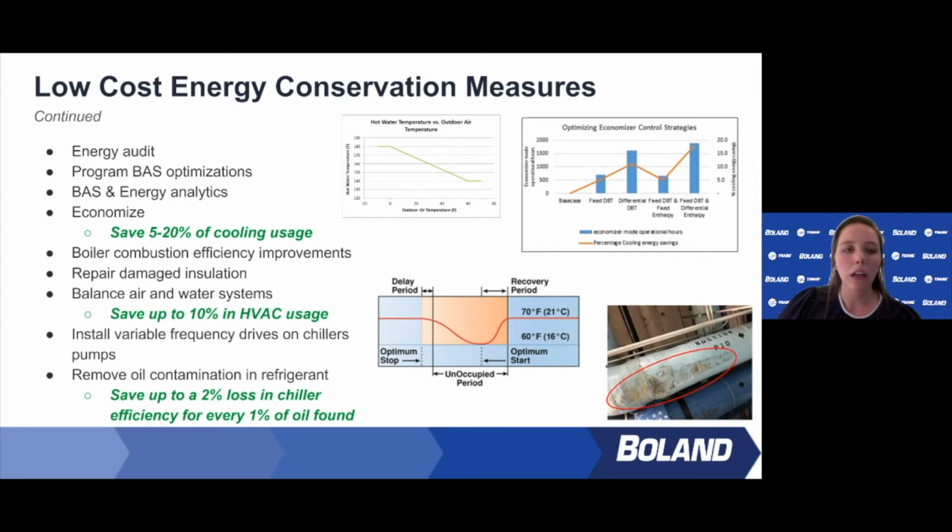Another example of a low cost project is integrating your building automation system and energy data into an analytics platform. Applying analytics to a BAS will help you find little gremlins that you cannot see on a normal day.